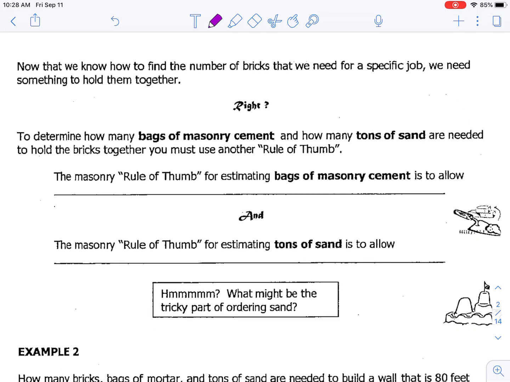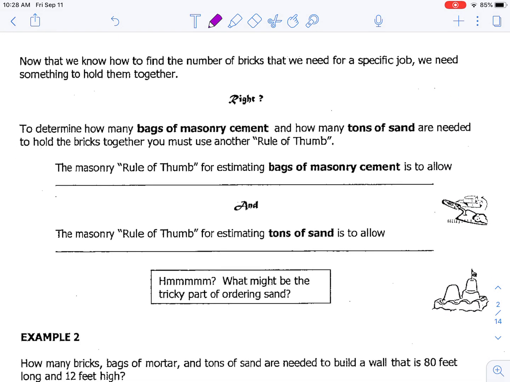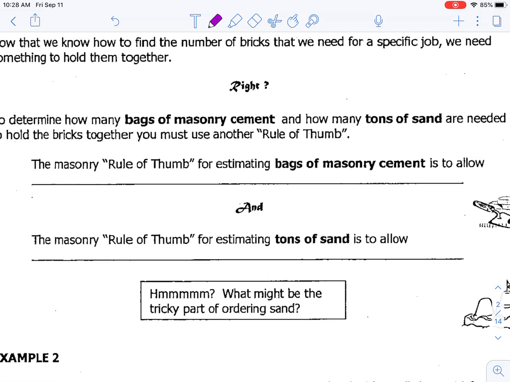Okay, so now that we know how to find the number of bricks we need for a specific job, we need something to hold them together. So we need masonry cement and sand. There are 2 rules of thumb for the masonry cement and sand.